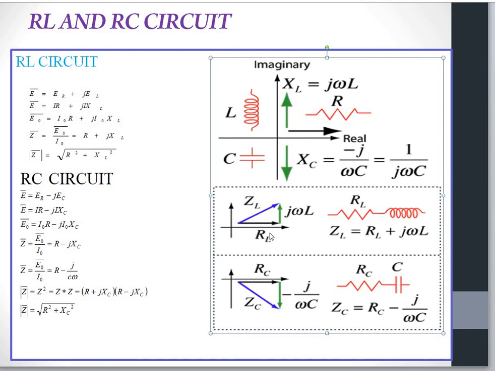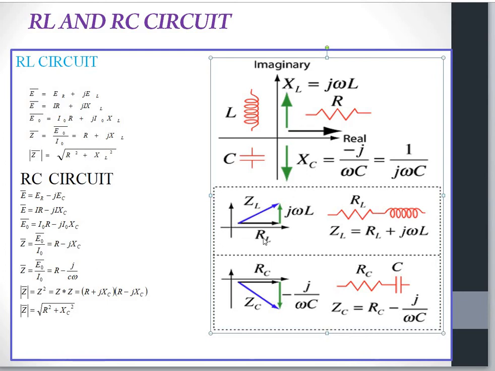So current RL is in this direction because here this is the complex axis. We know the complex inductive reactance is denoted by J into omega L. So this is J omega L.